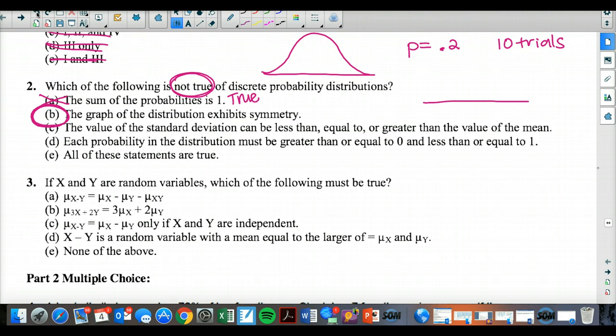How many successes would you expect to have? If the probability is 0.2, how many would you think you're going to have? Probably 2. That's what we can expect, right? So if we did this, we could build a probability model, which is more than you need to do, but I just want you to understand it. If you did 10 trials and the probability of being correct is 0.2, 0 has an answer of 0.10.